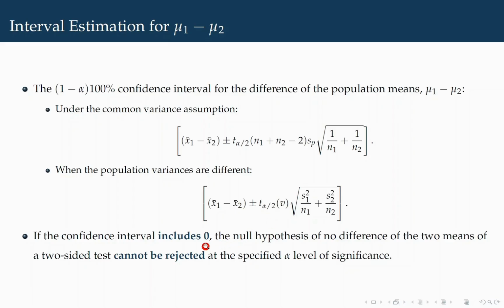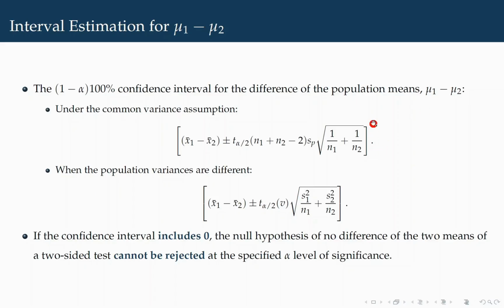So if the confidence interval contains the value 0, that means the difference mu1 minus mu2 equals 0 is not significant. But if the confidence interval doesn't contain the value 0, in that case, we can say that the two population means are significantly different.